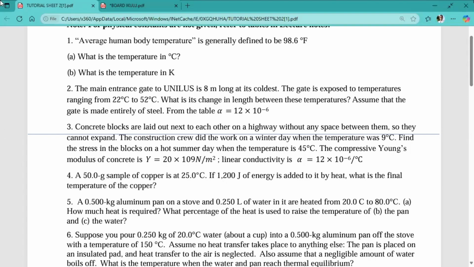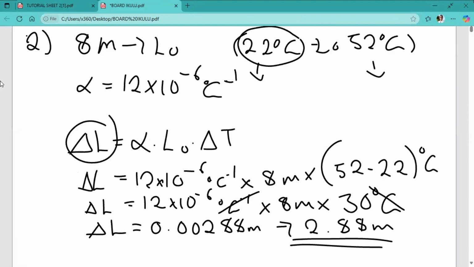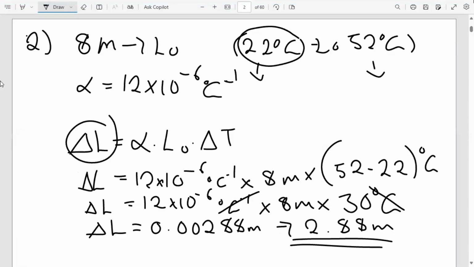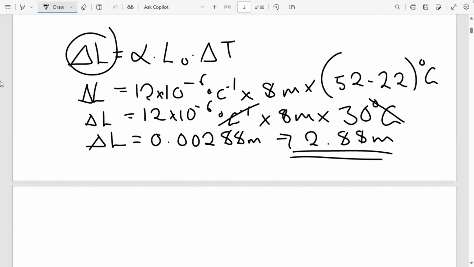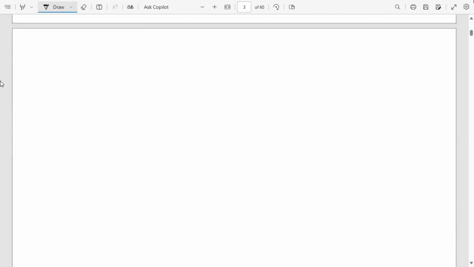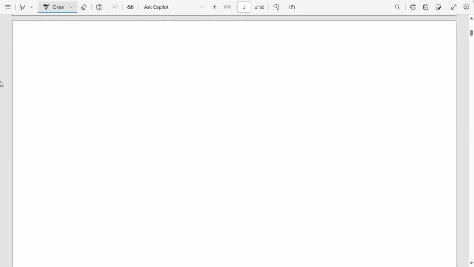Okay, so very simple question also. The only thing you're supposed to take note of is that we are integrating stress. We were talking about stress in topic 1, and we are relating it to thermal expansion. So how does stress actually relate to thermal expansion?